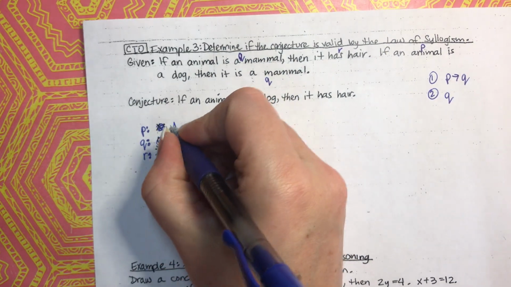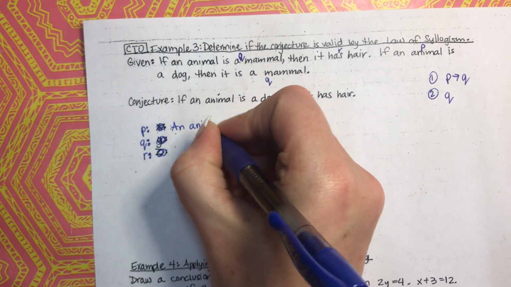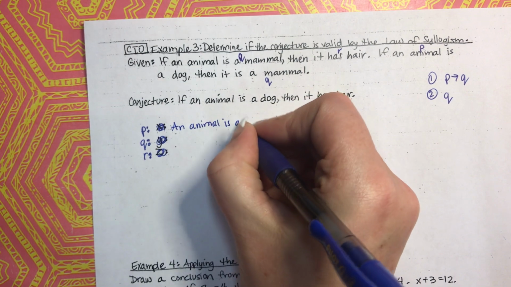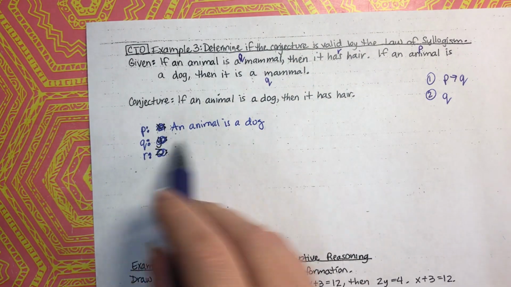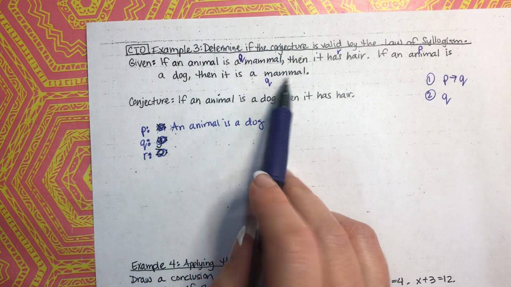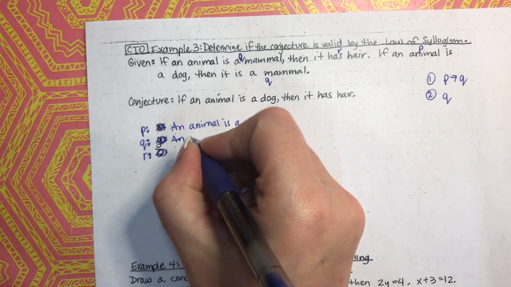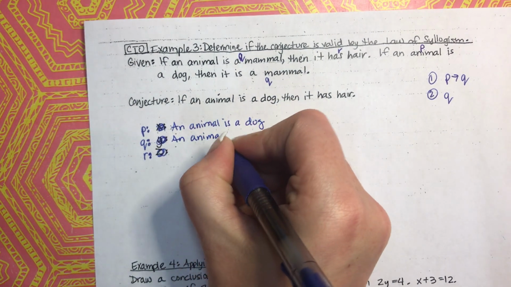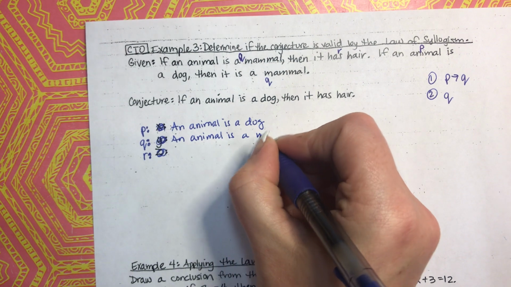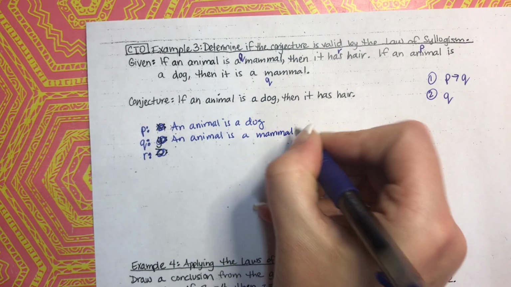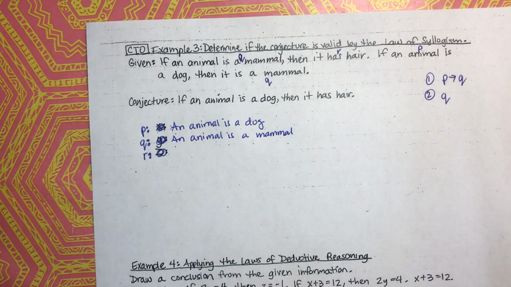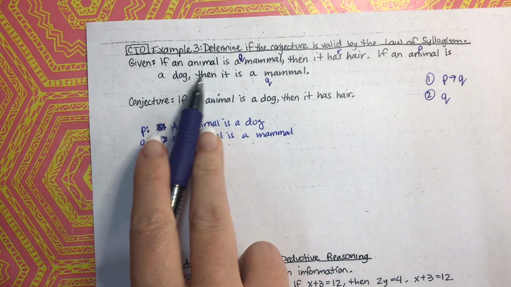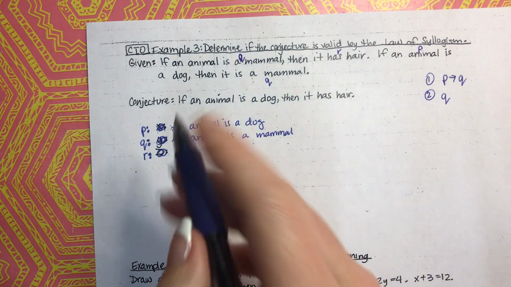So an animal is a dog. Then our Q is an animal is a mammal. And then our R would be an animal has hair.